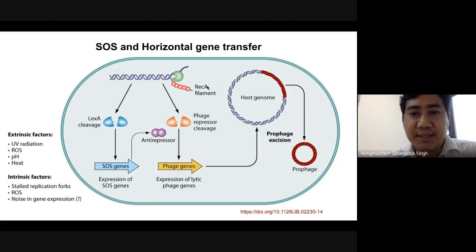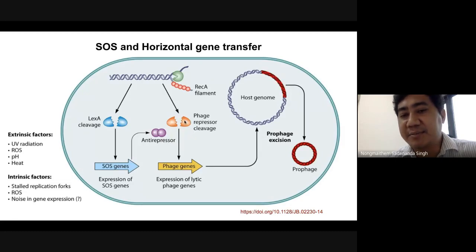When there is a single stranded DNA, RecA can cleave LexA and induce the SOS system. Many times it can involve the de-repression of bacteriophage proteins, or in another scenario, these RecA filaments can also help the phage repressor protein to be clipped just like LexA.